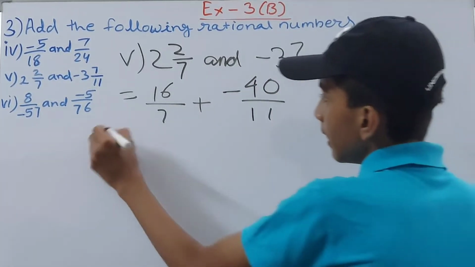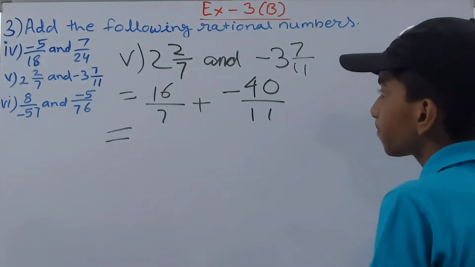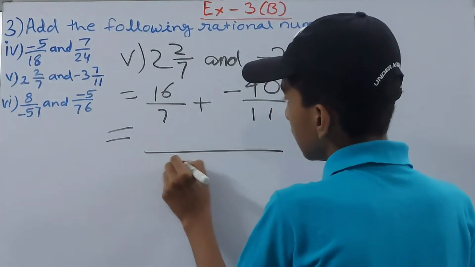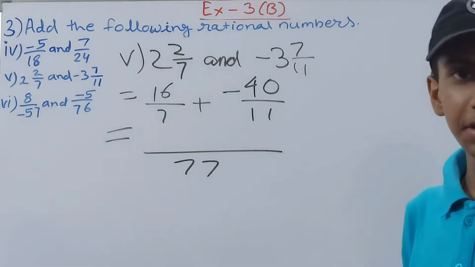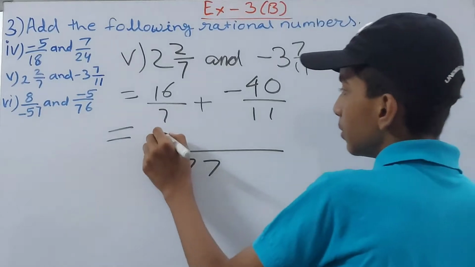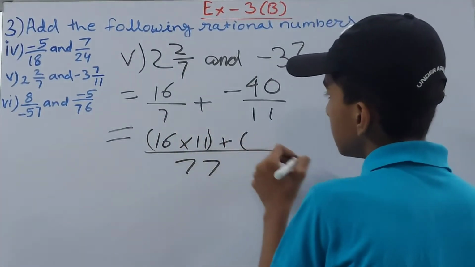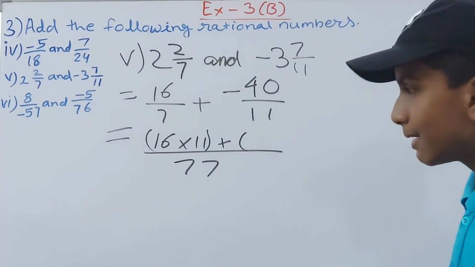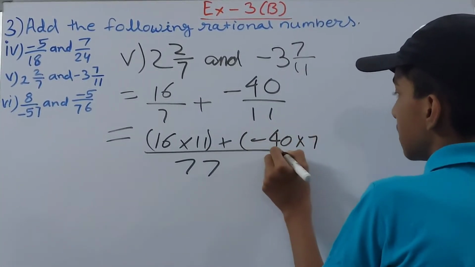This will be as 7 and 11, their LCM will be 77, right? So here we'll have 77, and 7 into 11 is 77, right? So 16 into 11, right? And plus 11 into 7 is 77. So minus 40 into 7, right?